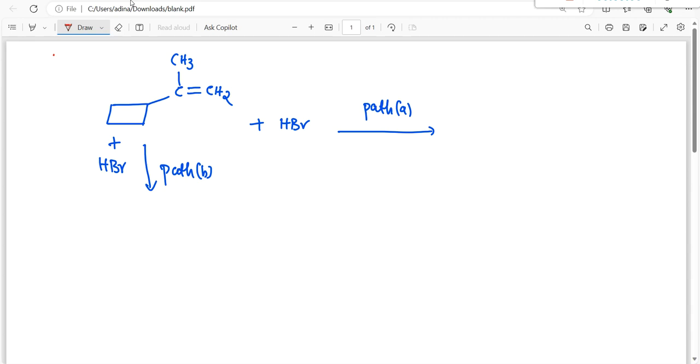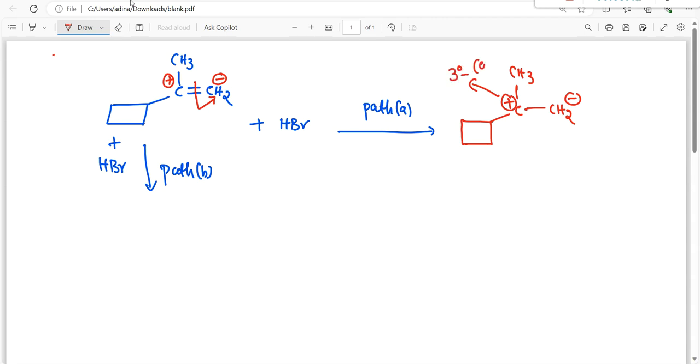For example, if this double bond is shifted towards this side, here CH2 and the positive charge is present. This positive charge we call a carbocation. Here we observe that the formed carbocation is the tertiary carbocation.